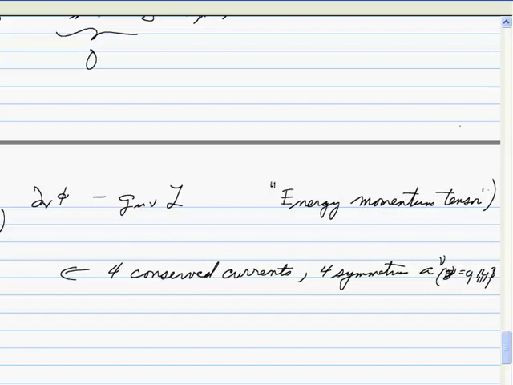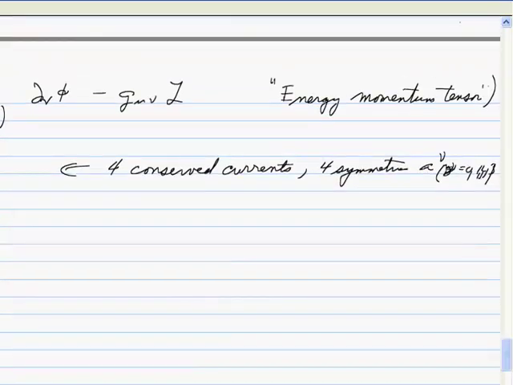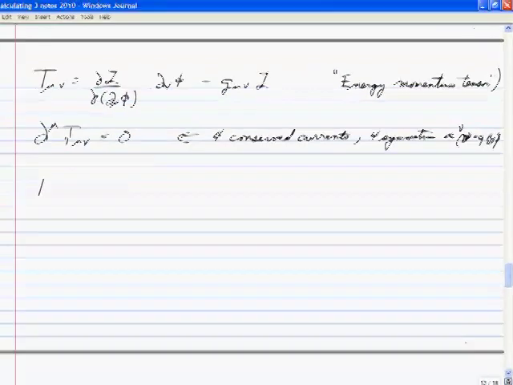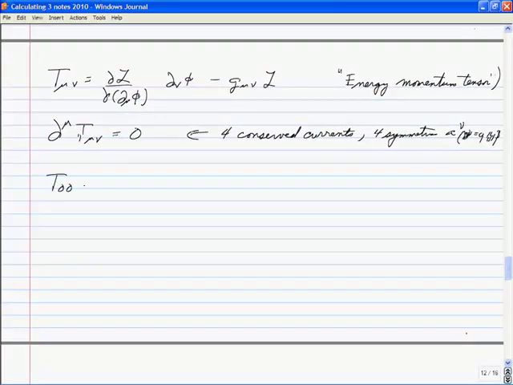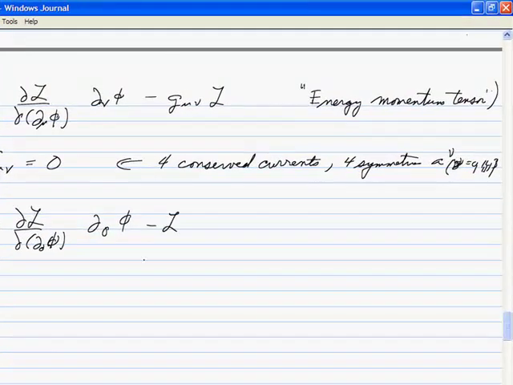Okay. Well, T00 is the derivative of the Lagrangian with respect to d0 phi times d0 phi minus the Lagrangian.